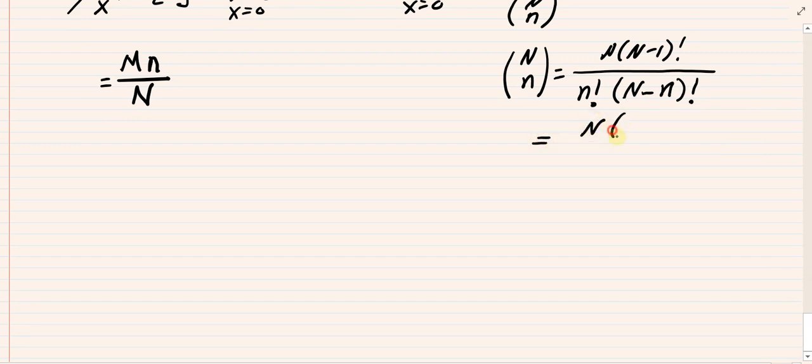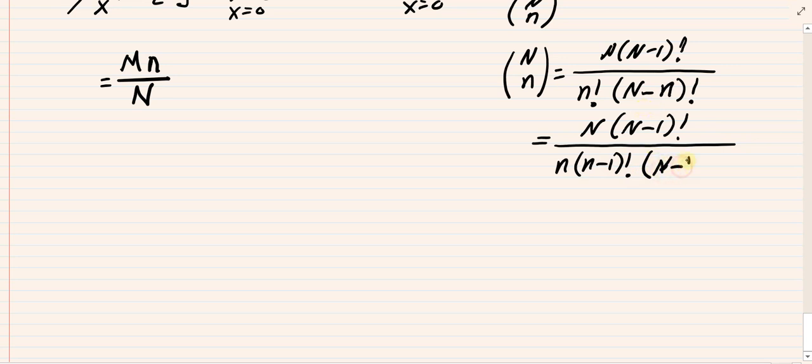I want to keep that as N times N minus 1 factorial, and the little n factorial is n times n minus 1 factorial. Then N minus n factorial, I'm going to write as N minus 1 minus n minus 1 factorial.